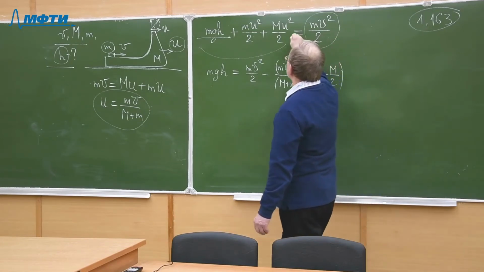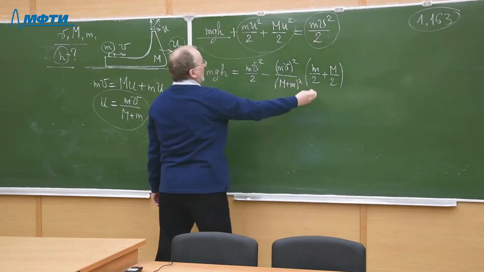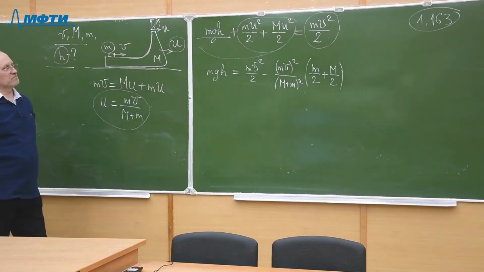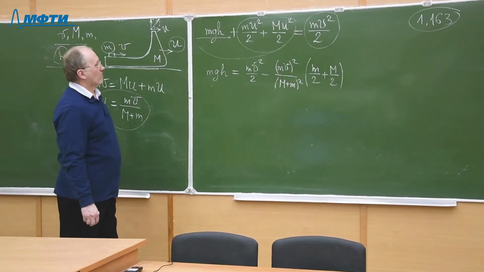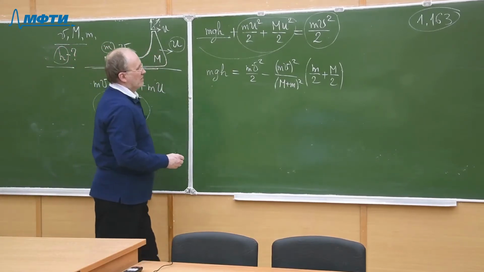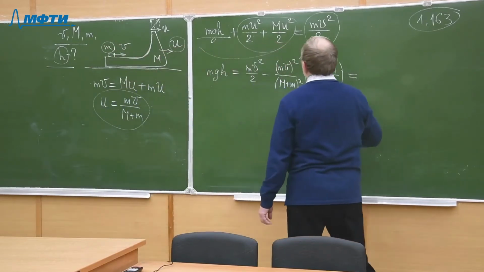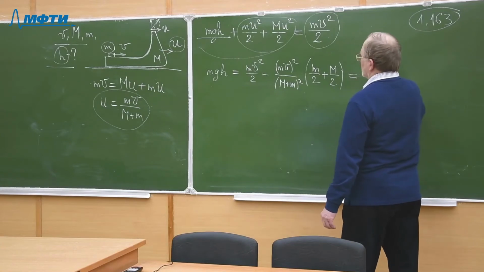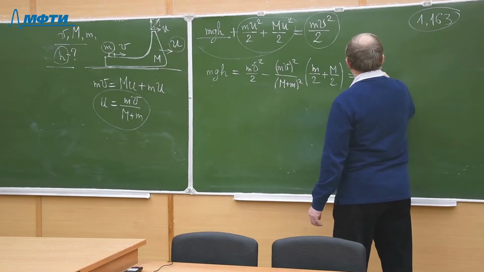mv squared over 2 minus these two terms, and the velocity u is taken from this expression. It may be expressed in a somewhat different way.